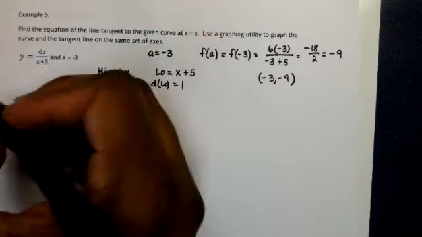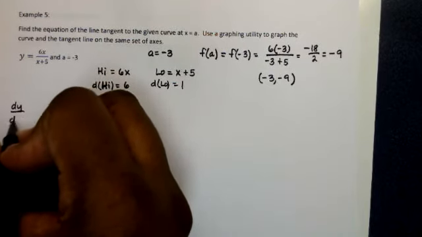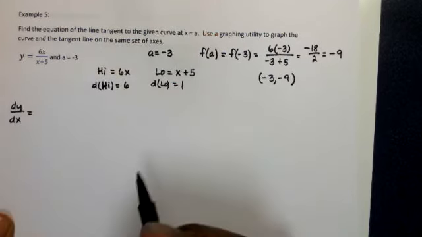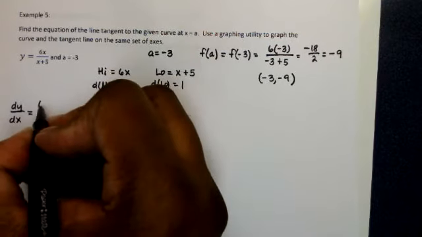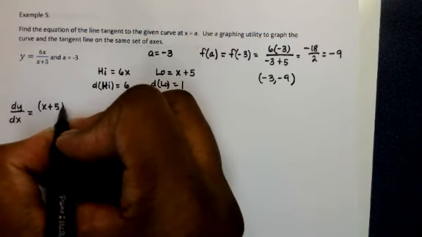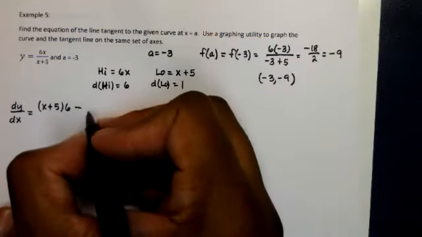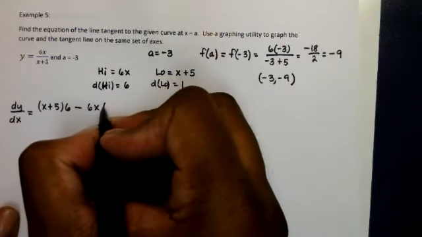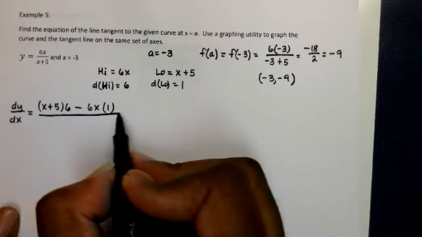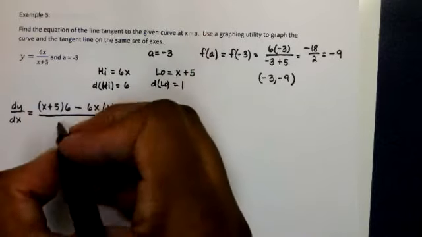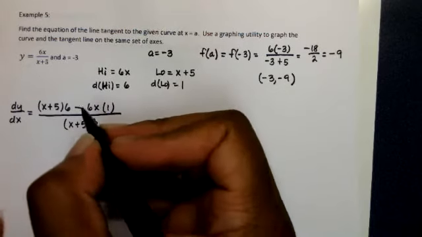So here, we're going to use that quotient rule, which is this: low times the derivative of the high. So it'll be x plus 5 times 6 minus the high times the derivative of the low. The high is 6x times the derivative of the low is 1, all divided by the square of that low, x plus 5 quantity squared.